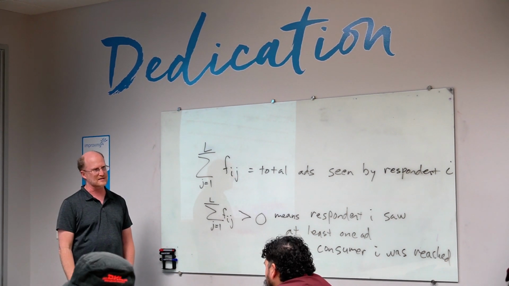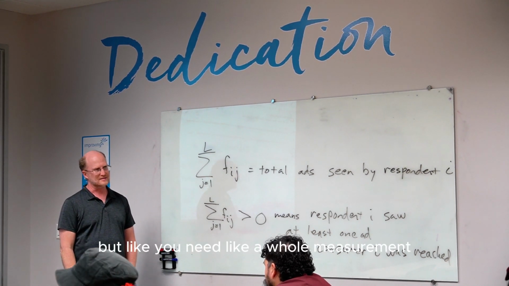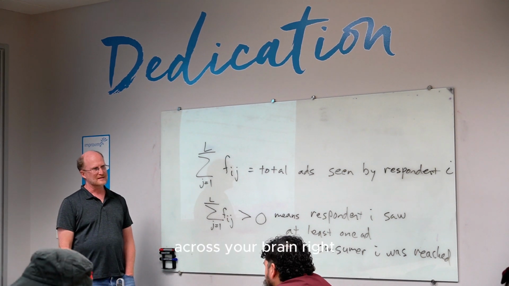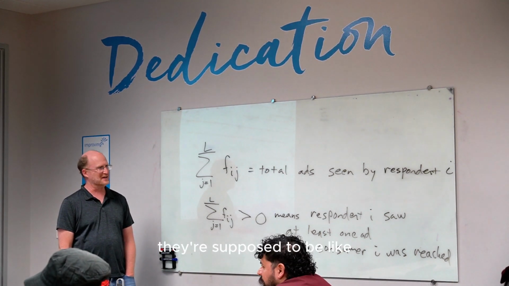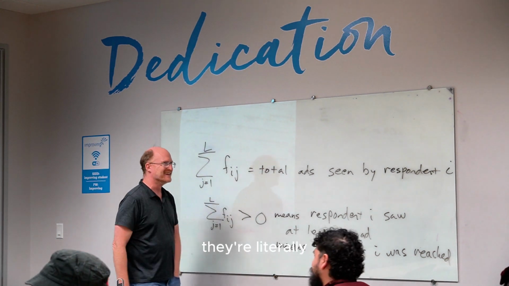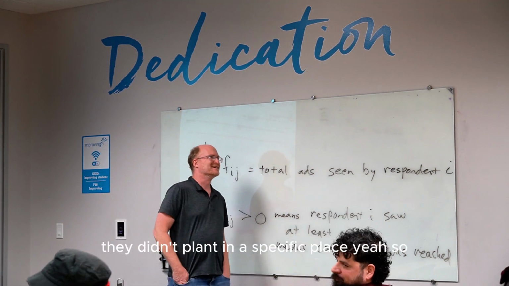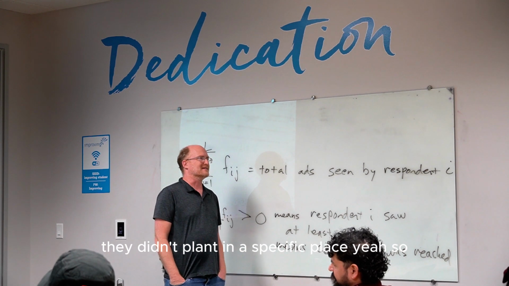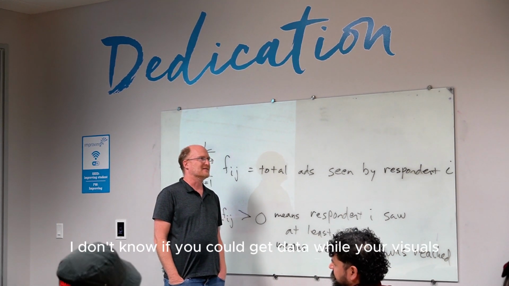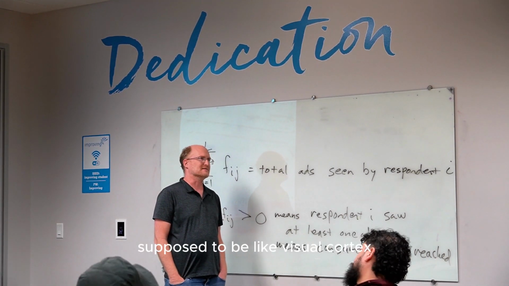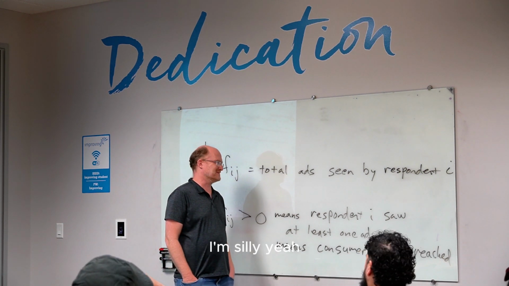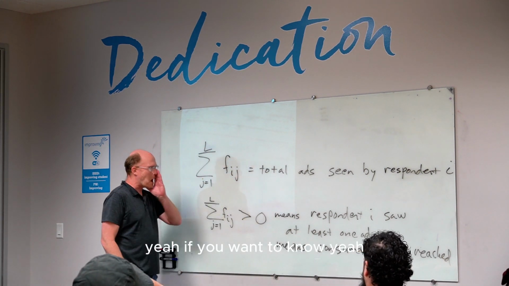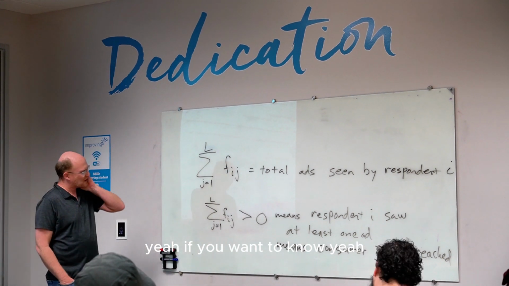But you need a whole measurement across your brain, right? Neuralink is supposedly implanted in a specific place, so you could get data about your visuals. It's supposed to be the visual cortex, I think. They'll upsell you on it, if you want to know what this person's seeing.